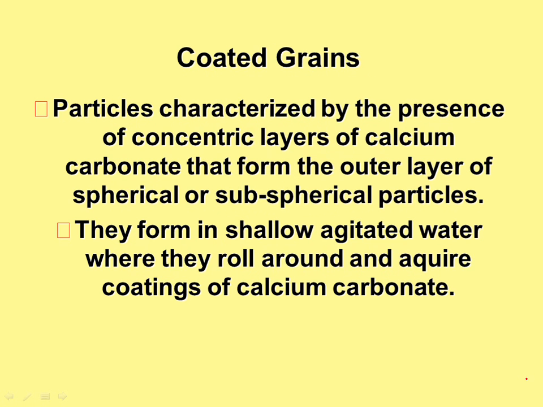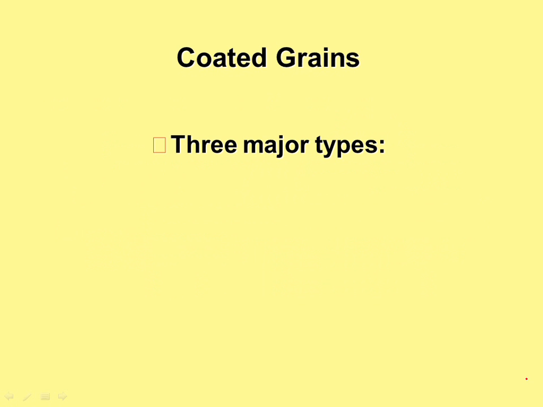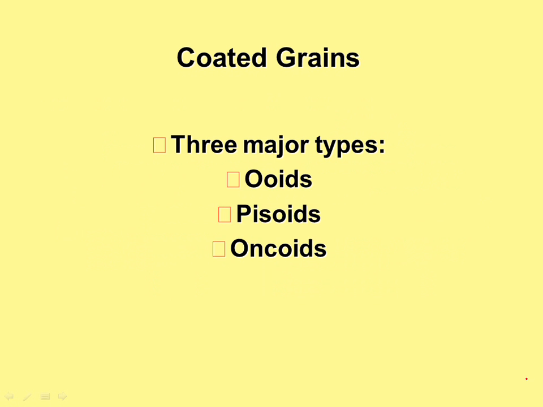And as they roll around in water that is saturated with respect to calcium carbonate, coatings of calcium carbonate form on the particle as it rolls around, building it up into slightly larger sizes. There are three major types, and the types are related to size to a large extent: ooids, pisoids, and oncoids.